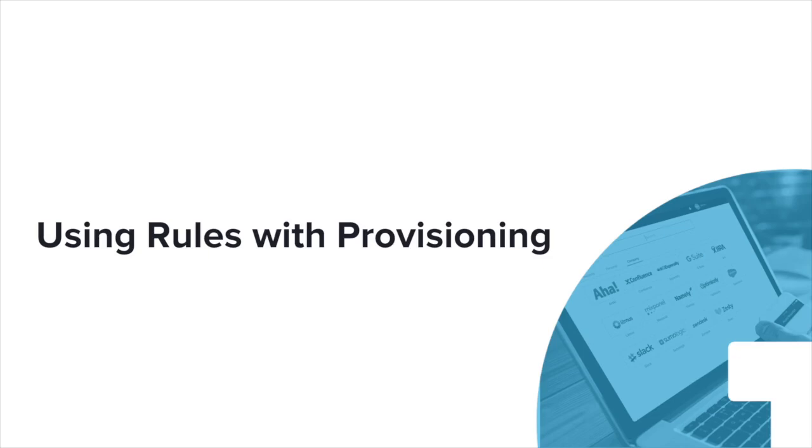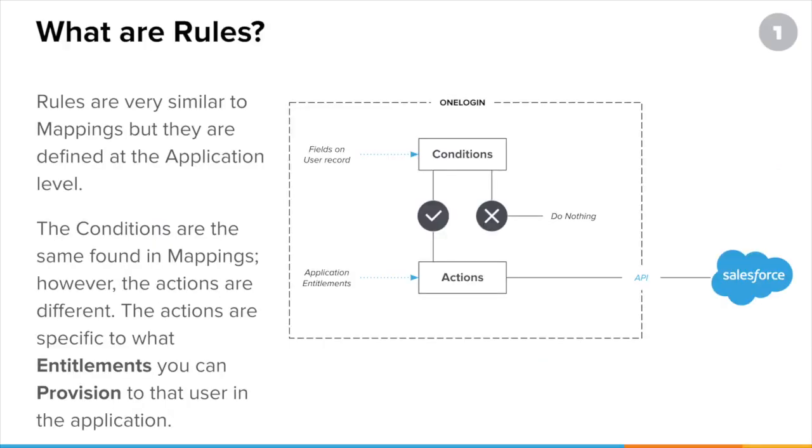Now, rules come into play when you want different sets of users to be assigned to different default values. So they're very similar to mappings, but they're actually defined at the application level. So again, the conditions are looking at those user fields within OneLogin, same as mappings. It's really the actions where the difference is.